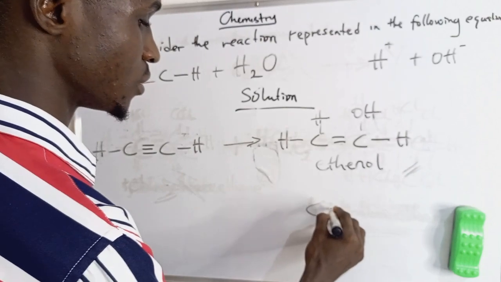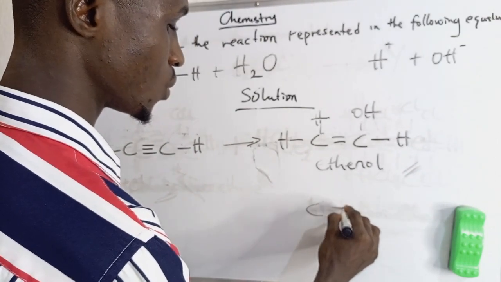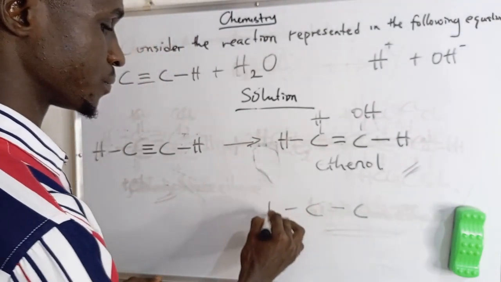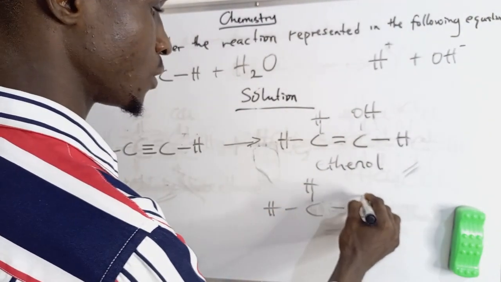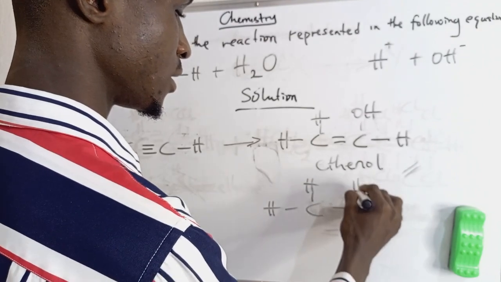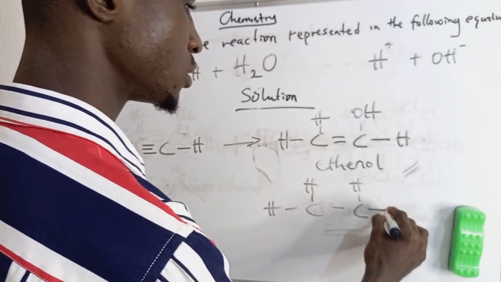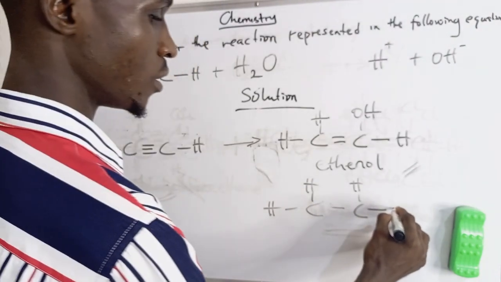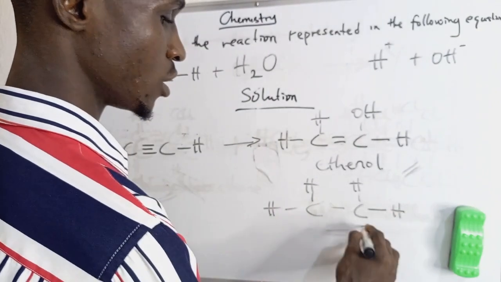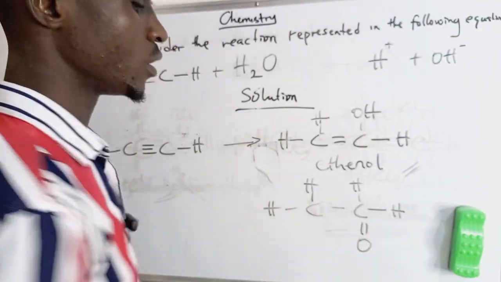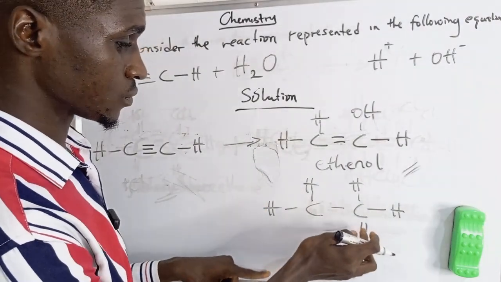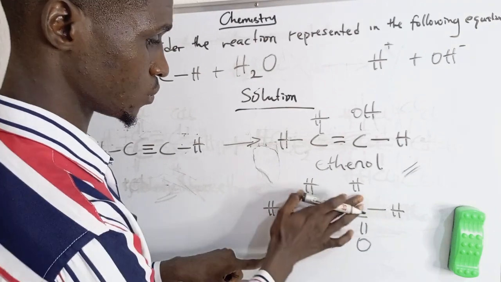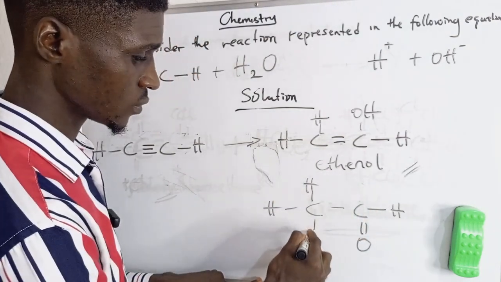Let me write it here. So it is the same thing with what we are going to be seeing here. Now, in this case, we are going to be having H and double bond O. Now, just follow me. This is it.